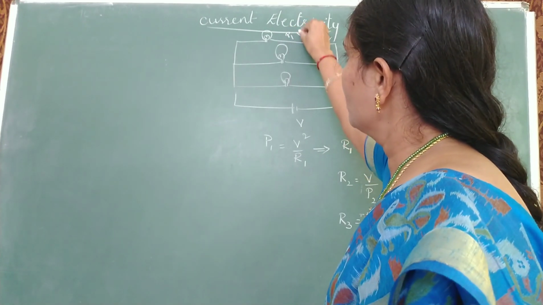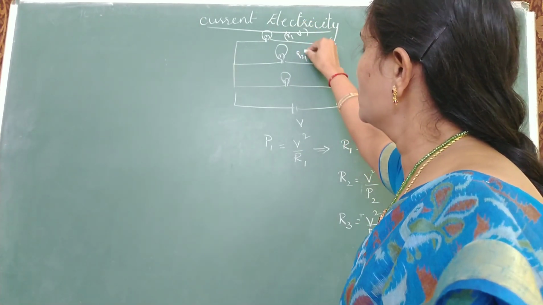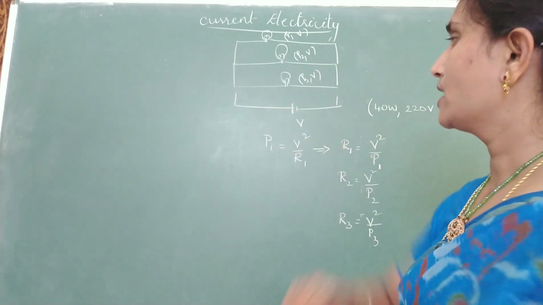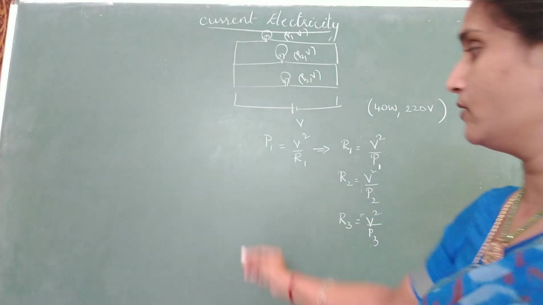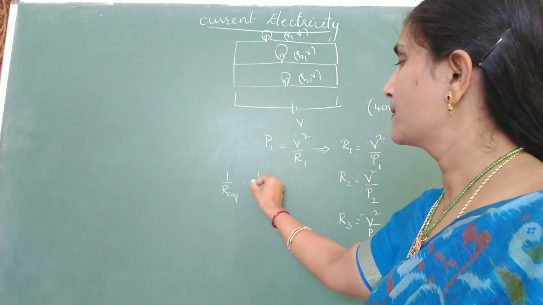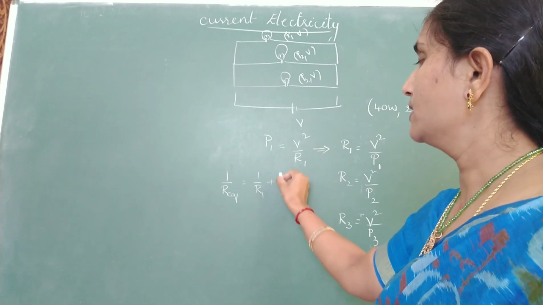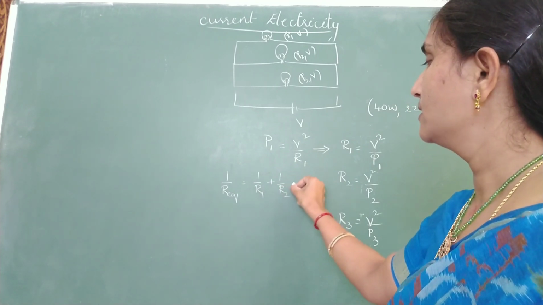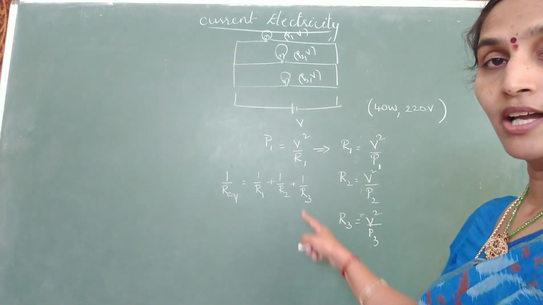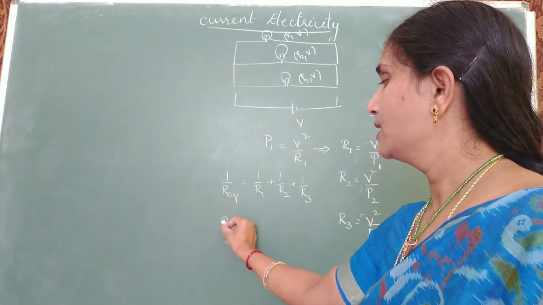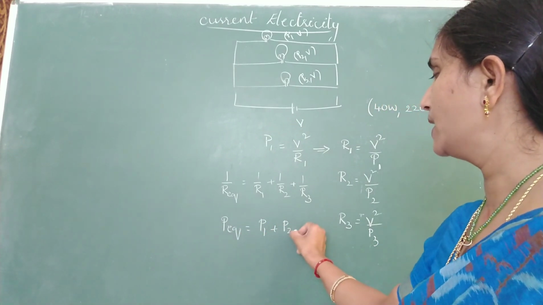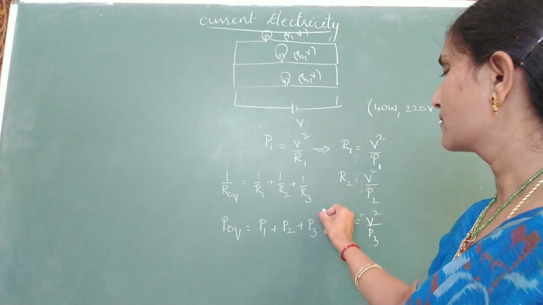Let the ratings be P1, V, P2, V, P3, V, and the applied voltage is also V. Now how do we write the equivalent resistance? 1 by R equivalent is 1 by R1 plus 1 by R2 plus 1 by R3. Substitute the values. What will you get? P equivalent as P1 plus P2 plus P3.